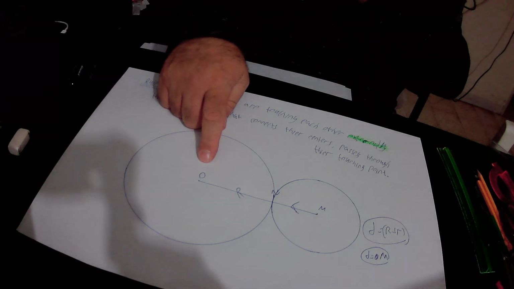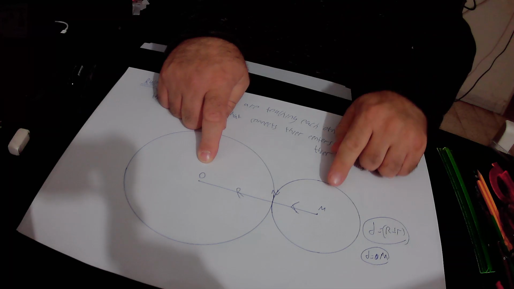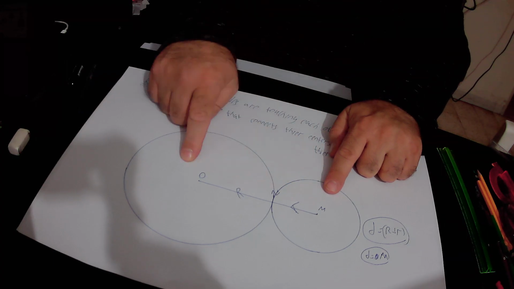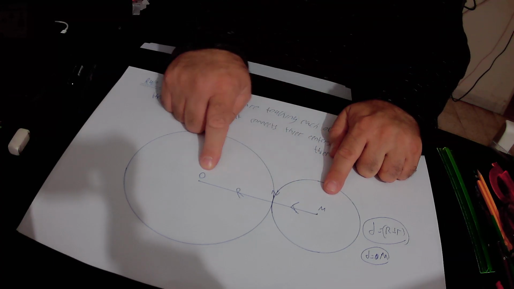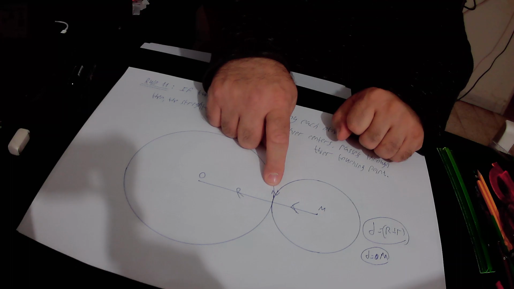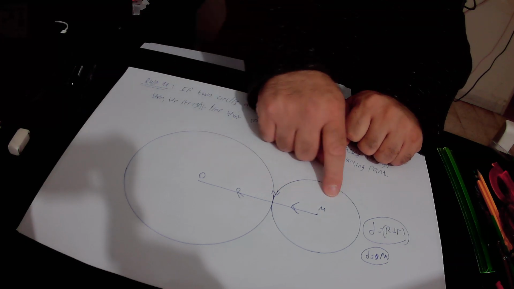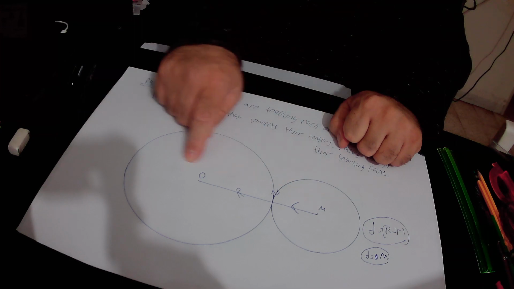The center of the big circle is at point O. The center of the small circle is at point M. The straight line that connects their centers together is OM. So this straight line OM must pass through their touching point, that is actually point N. That is to say, O, N and M are on one straight line.